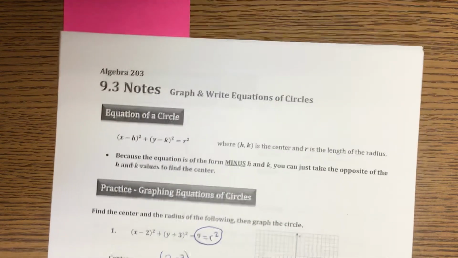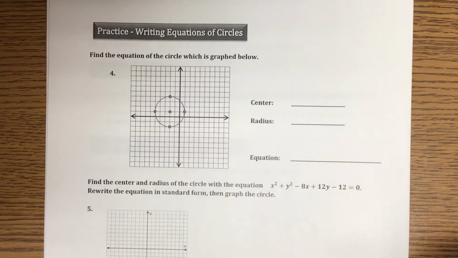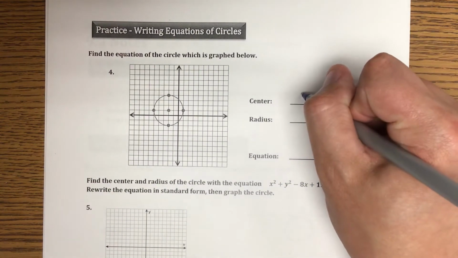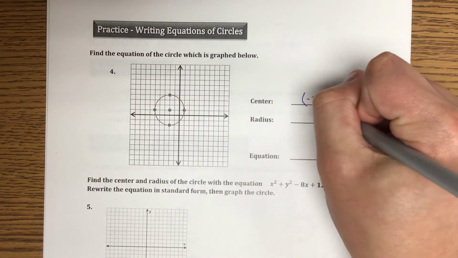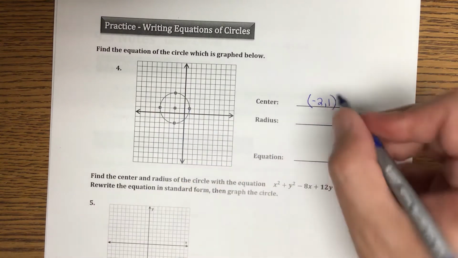All right, so if I go to the back of the notes, we can do that in the reverse order. If I give you the graph, you can write out the equation. You are first going to find the center, which is this point right here. You are going to find the radius, which is 3.